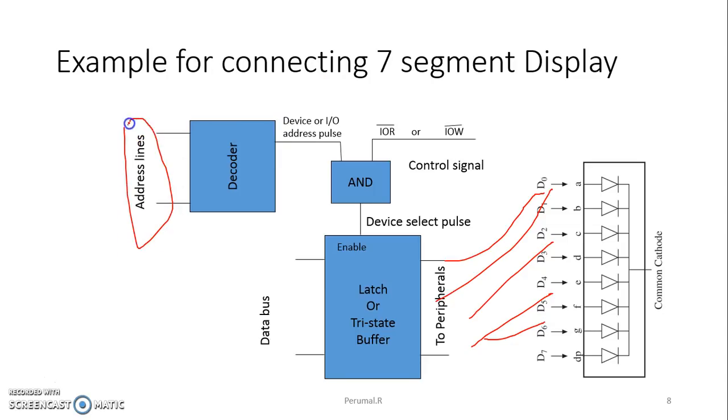Whenever the address is given on the address bus, you will generate the device address IO pulse, and combined with the control signal you will get the device select signal, which enables the latch. Then whatever data you write will be written to the display. Thank you.